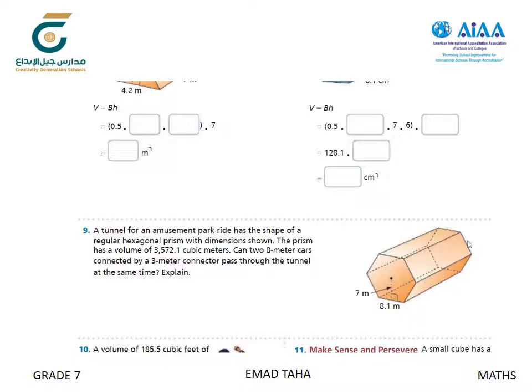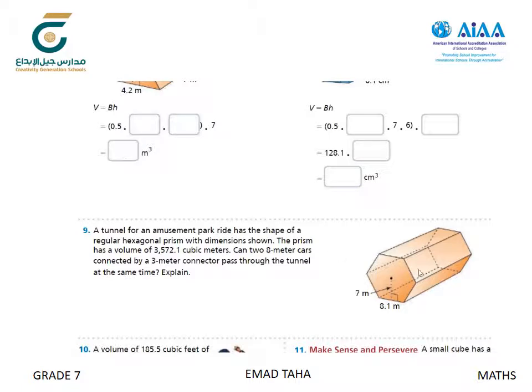So we can find the height of the prism by this data, by the volume and the base. The volume equals base times height. If I want to find the base or height, what can we do? To find the height, we divide the volume by the area of the base.